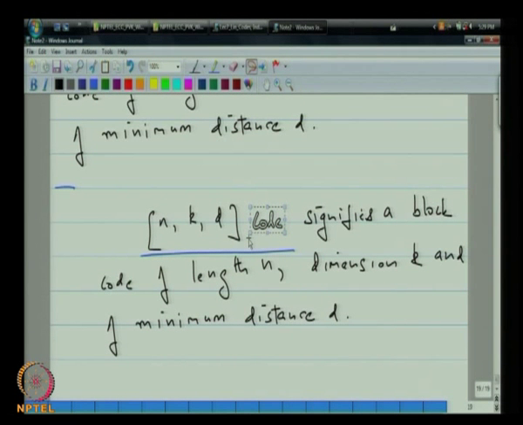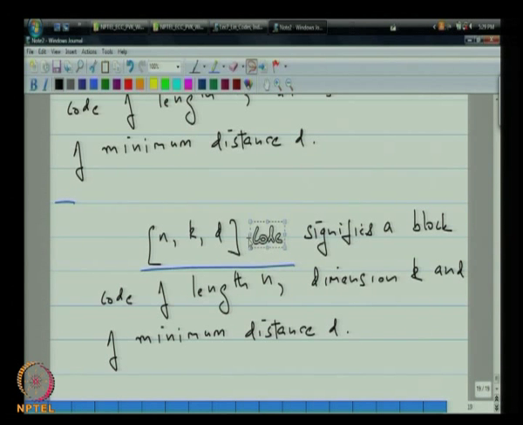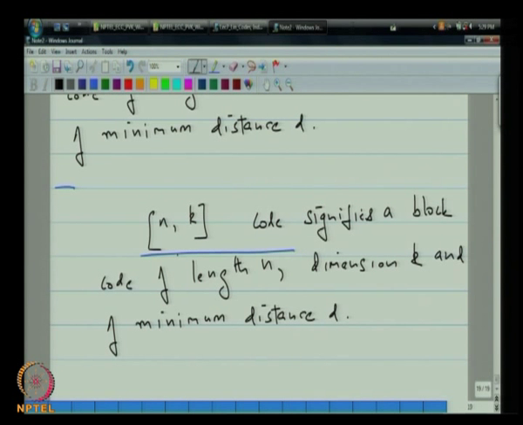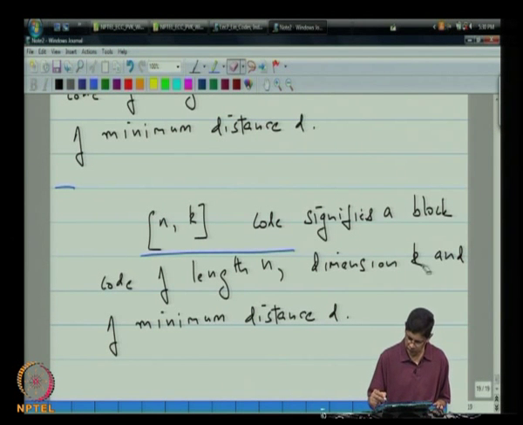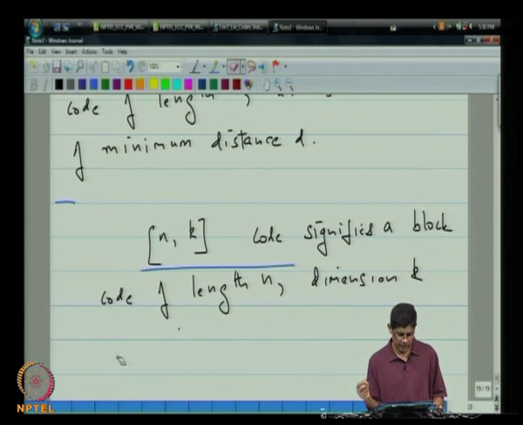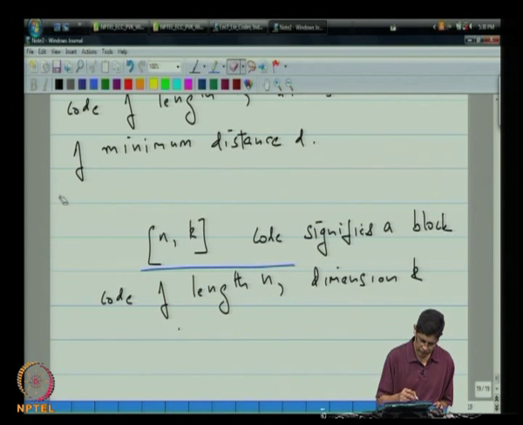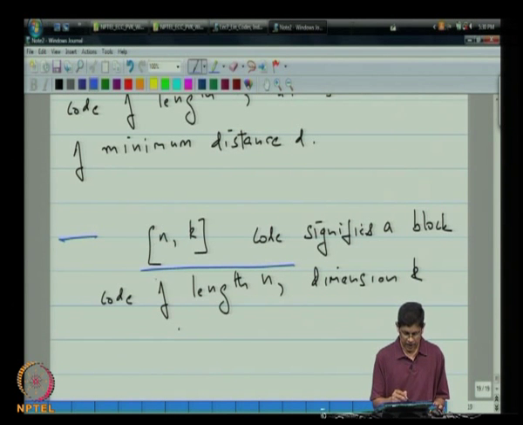So, in this case an [n, k] code signifies a code of length n and dimension k, period. There is no mention of minimum distance, but again just note that we have used rectangular braces.